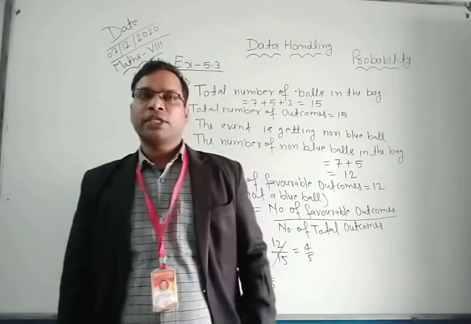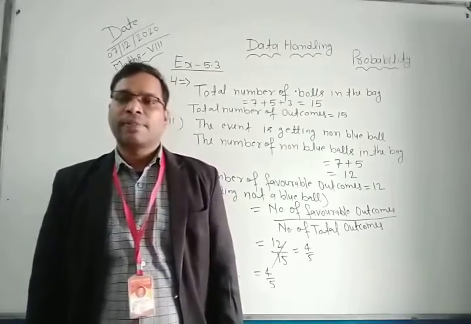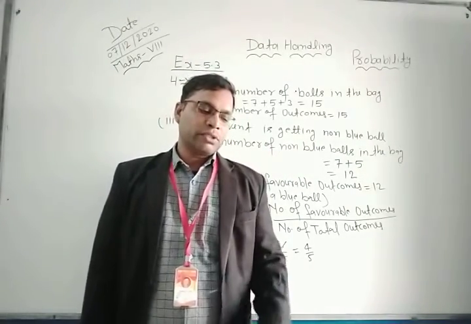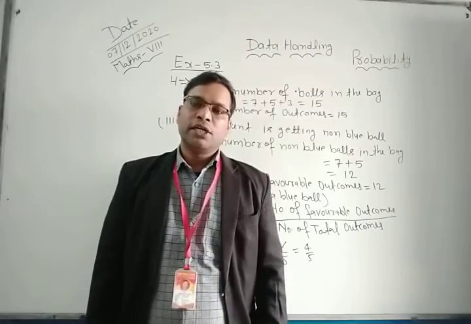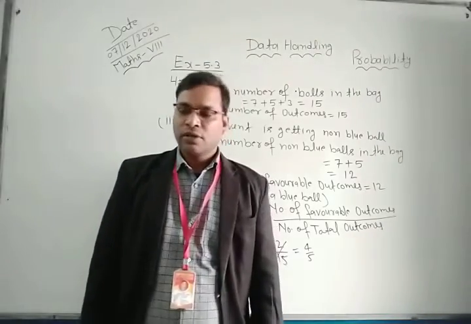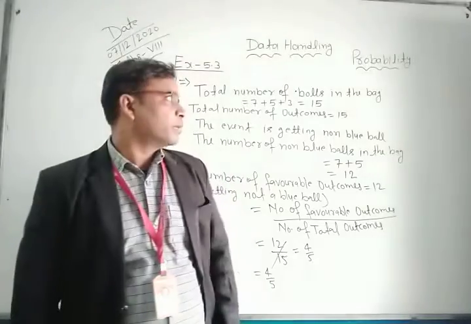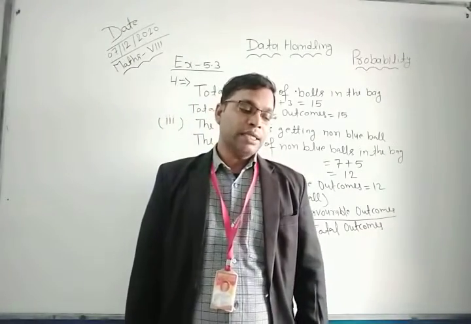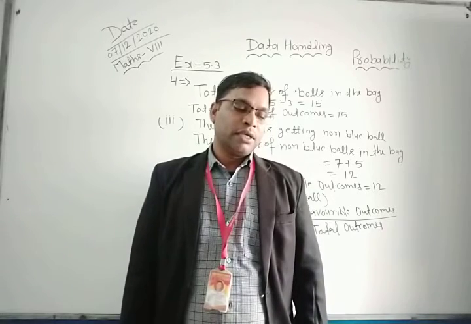In this way each type has 13 cards. So one question we are going to solve related to playing cards. Let's see question number 5. Question number 5 says a card is drawn from a well shuffled pack.